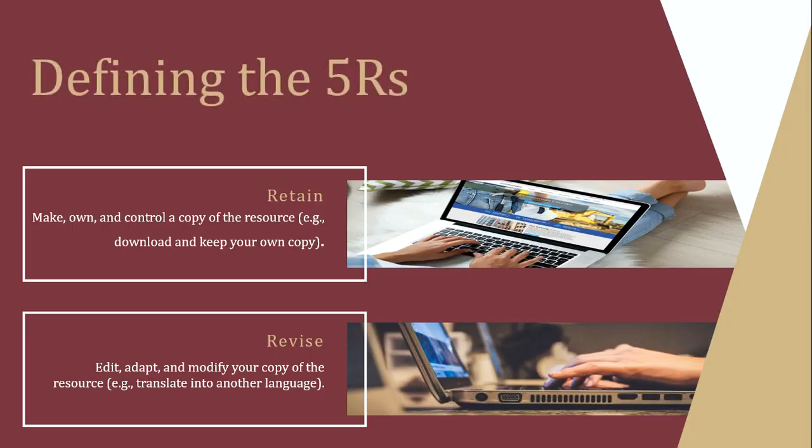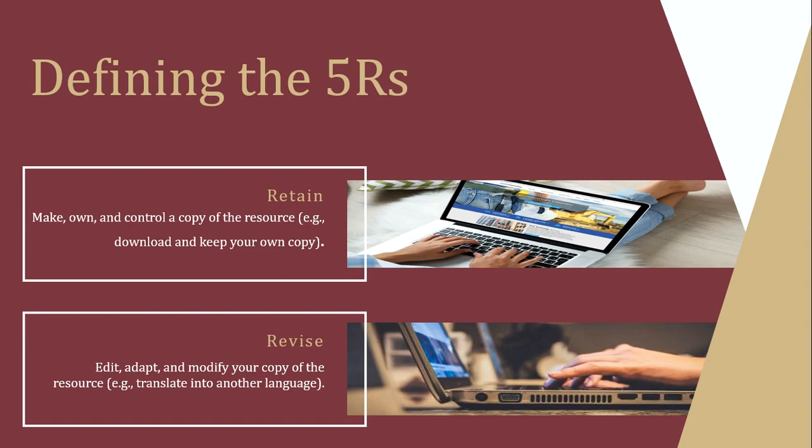Getting into the details of each of the 5 R's, first we have retain, and this is your ability to control and save your own copy of that particular open educational resource. So it might be available in a repository where you can create a free account and then save that resource, or it may be something like a Word document or PDF or PowerPoint where you can simply download and save it.